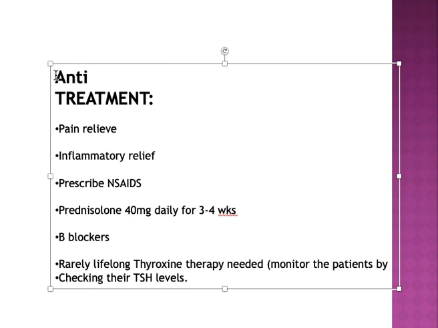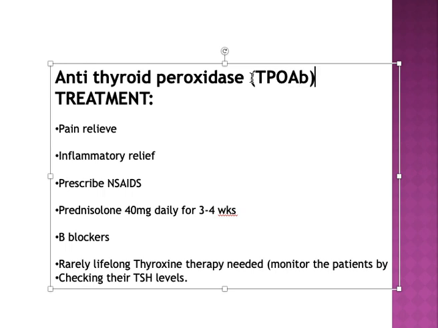anti-thyroid peroxidase antibodies. Okay, they are also written as TPO-AB. So what we are going to find in the blood is anti-thyroid peroxidase antibodies, which are circulating in the blood and causing this condition.